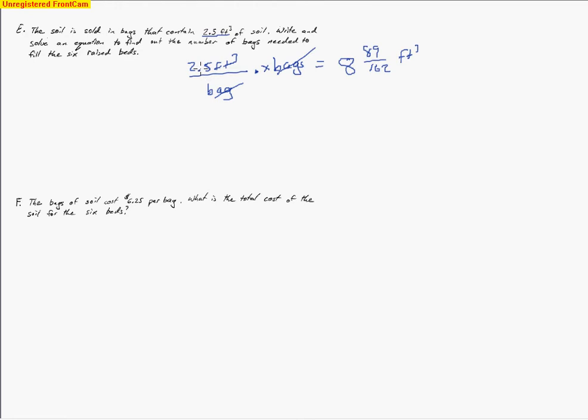So basically we're going to divide by the 2.5. So I need to change that to a mixed number, 2.5 cubic feet, times x, and it equals 8 and 89 over 162. So we're ready to do some division here.